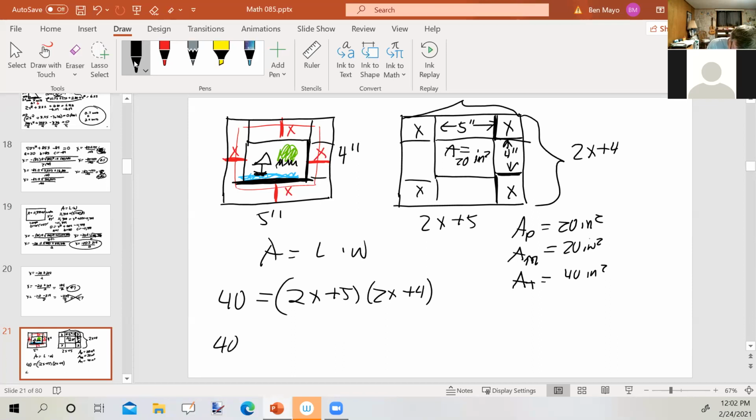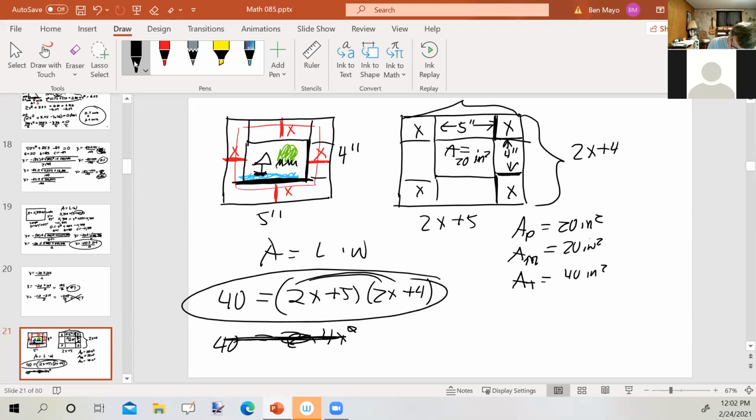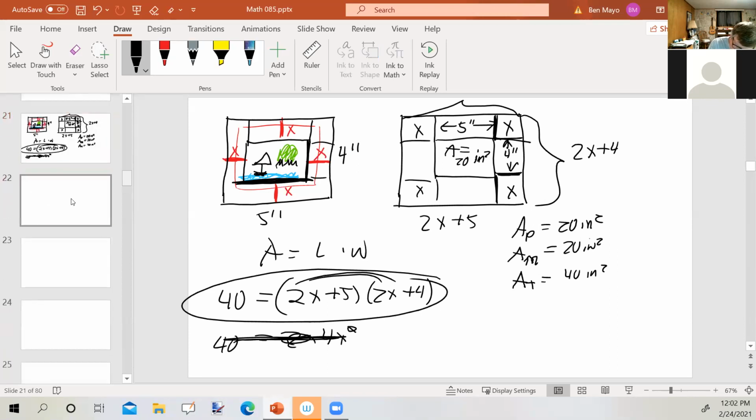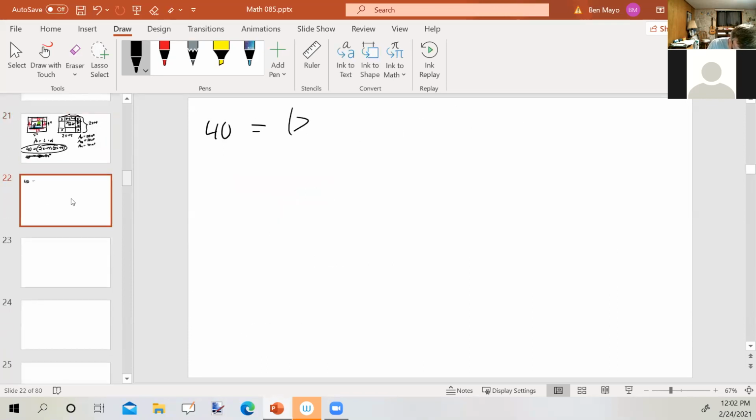So continuing to solve that equation, I'm just going to copy it on the next page. 40 equals 2x plus 5 times 2x plus 4.